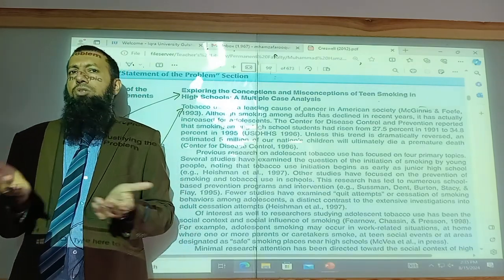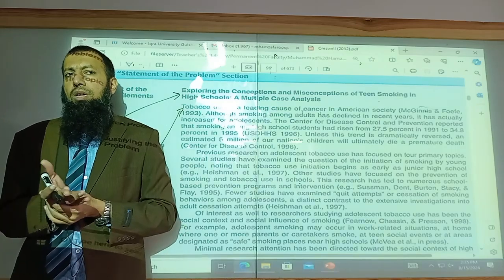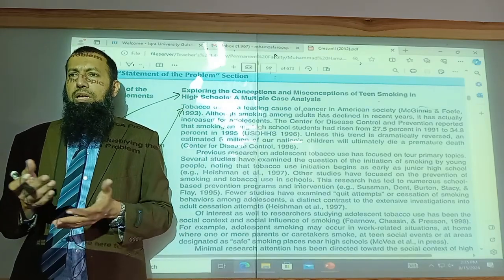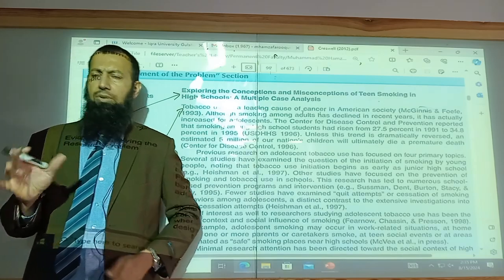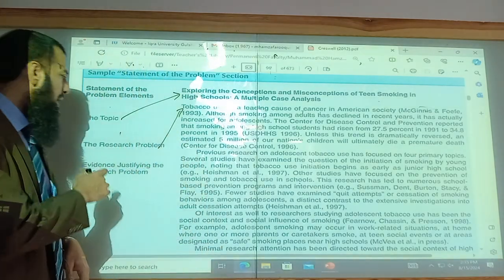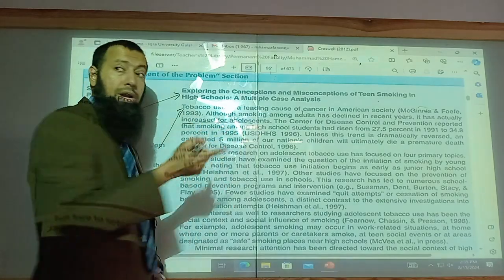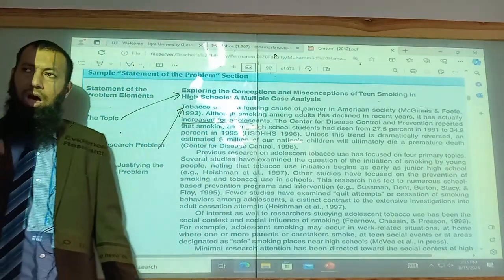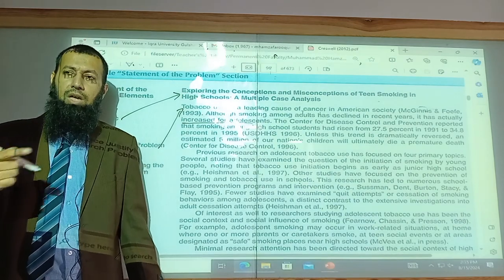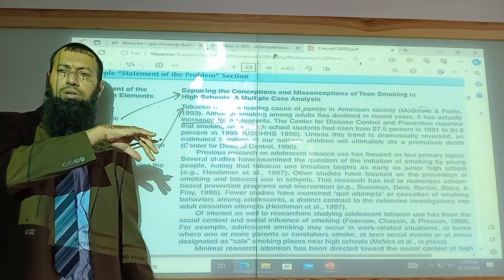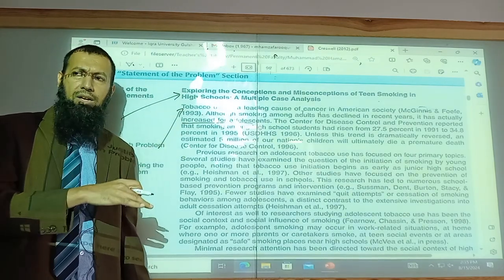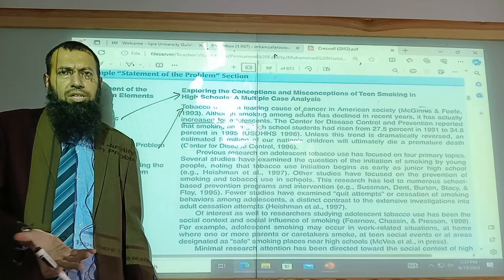Since smoking is overall decreasing, it has no such importance. But when you say it increased for adolescents, now it has importance. So you see how you develop your point. If you say only that tobacco use keeps declining, there is no use of research.